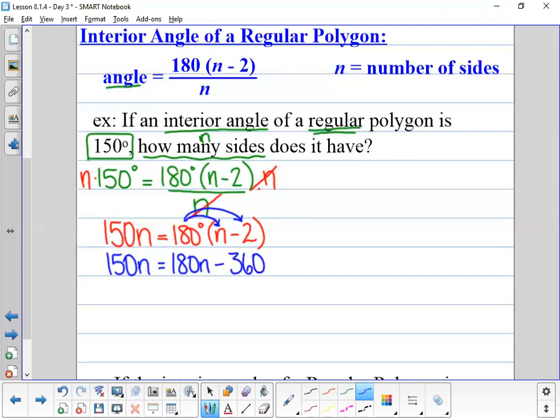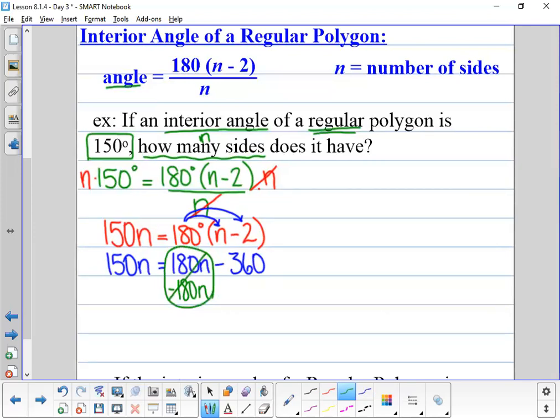I have n on both sides of my equation. I've got to move them all onto one side. Normally, I move my smaller one over to be with the bigger one. But if I do that, then I'm going to get 0 on one side, and that tends to confuse people. So let's just move everything over to the left side. So I'm going to subtract 180n. That's how I would move it, because 180n minus 180n zeroes out.